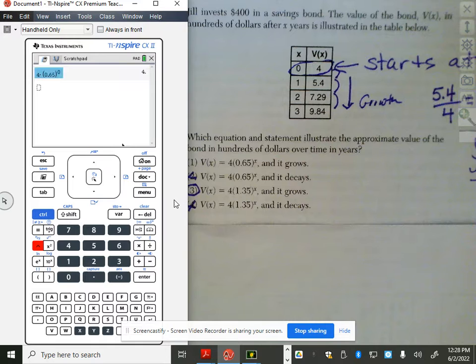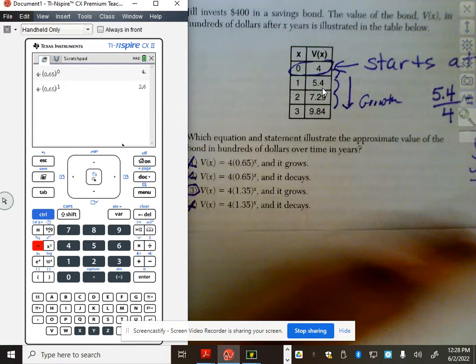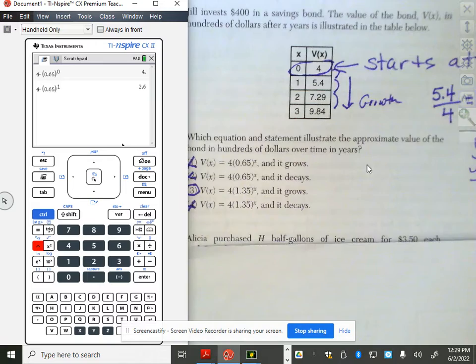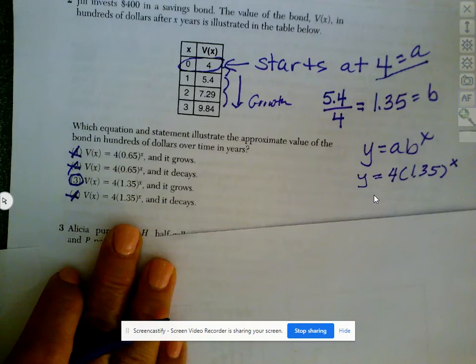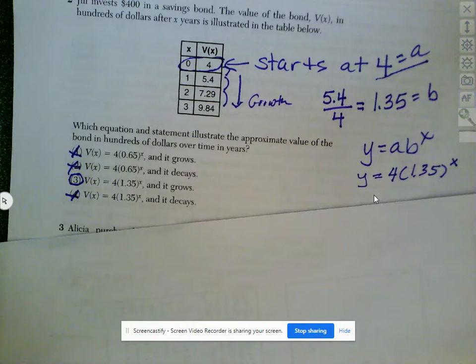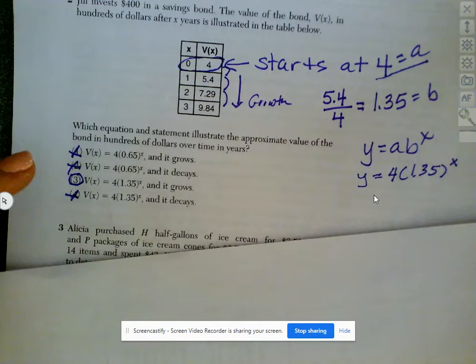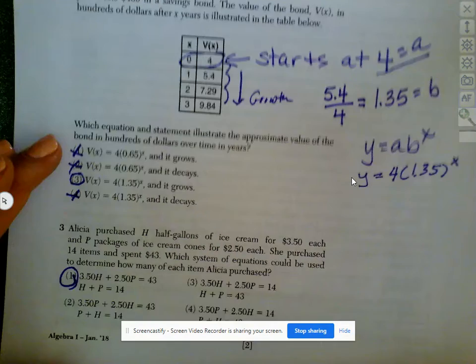Now I'm going to highlight this again, but this time I'm just going to change that, and then 1 I'm going to put in, and I hit enter and I get 2.6. That's different from the 5.4 here. So we know that 1 doesn't work. So 3 is the only choice. So if you forgot your exponential growth and decay formulas or your exponential equation, you can always use your calculator and substitute in for a problem like that.